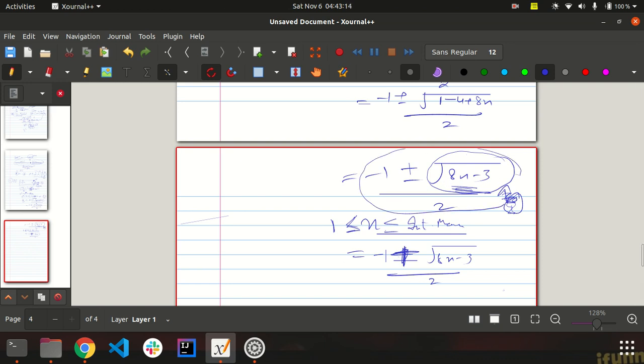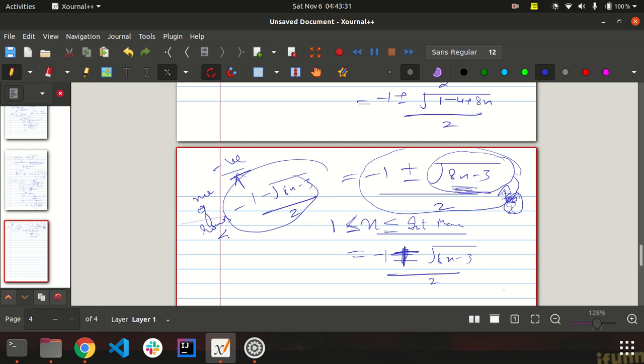For this case, minus 1 minus square root of 8n minus 3, this will always be a negative number. And as we know, the number of rows cannot be negative, or should always be greater than 0, because we can at least fill one coin.